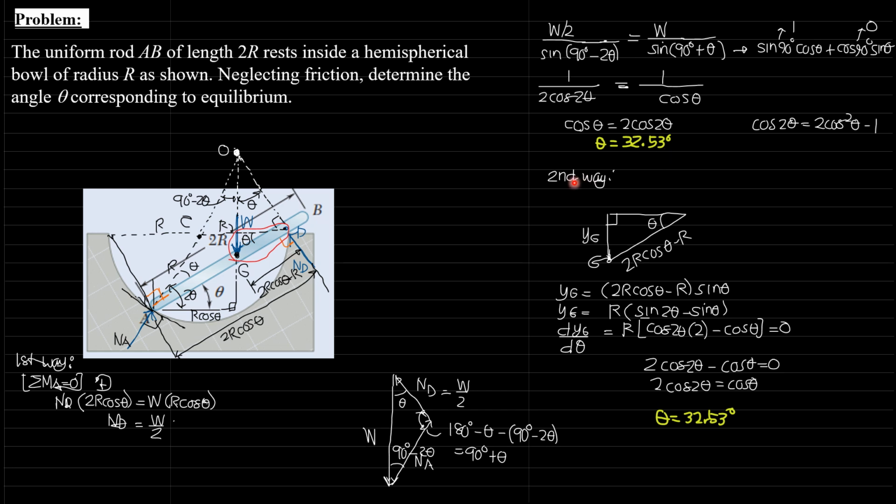Likewise, the second way is this: when a ball is placed inside a hemispherical bowl, the ball will be at rest when it stays at the lowest position, at the bottom, farthest from the top. So the idea is, because this is the center of gravity of the bar, it will be in equilibrium when this center of gravity is farthest from the top.